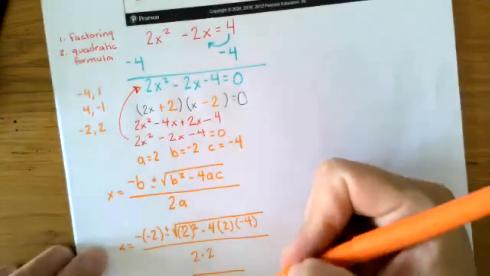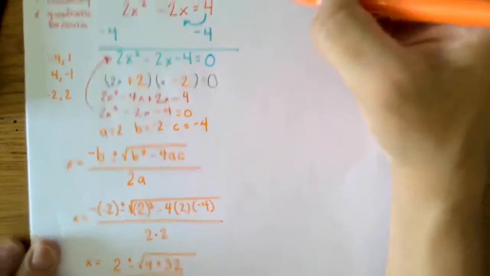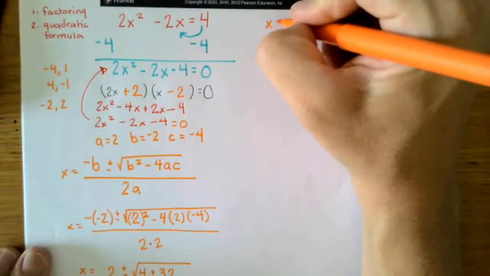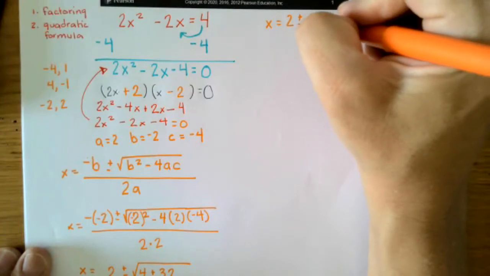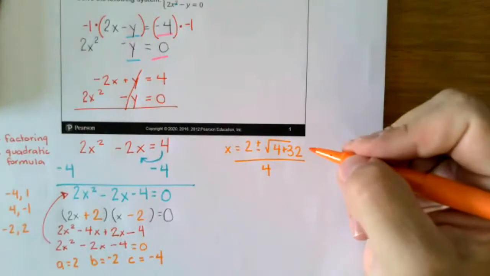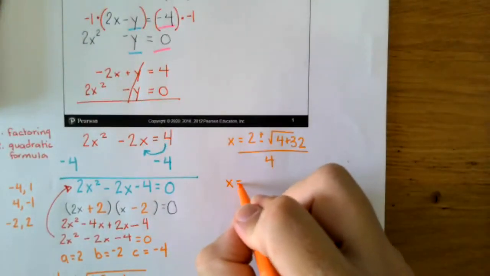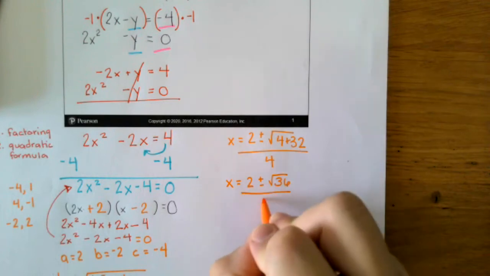So that will become, and I'll just move that up here. So 4 plus 32 becomes 36. X equals 2 plus or minus the square root of 36 over 4.